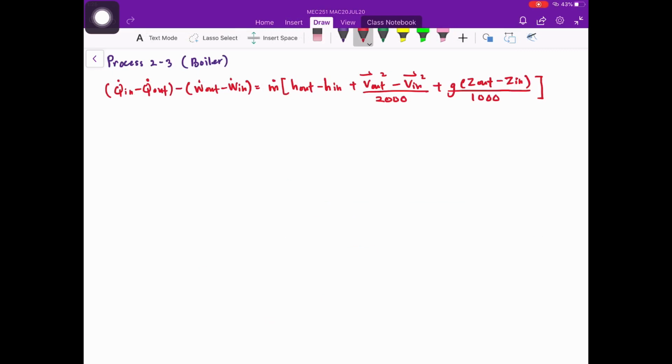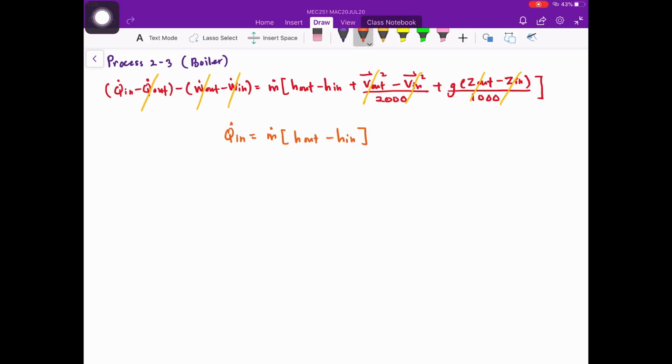The next device is the boiler. Note that state 2 is the inlet of the boiler and state 3 is the outlet of the boiler. From the steady flow energy equation, since the boiler receives heat, the term Q.in will remain. Based on our assumptions, we can neglect the terms Q.out, power, kinetic energy, and also potential energy.